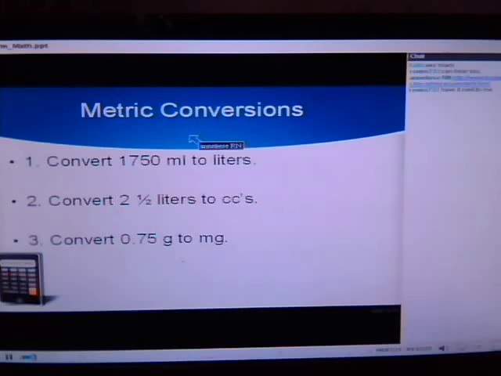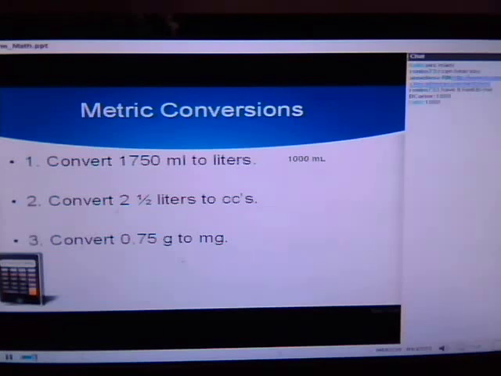What we're going to do here is see how good we are at doing our metric conversions. There are only 10 questions. I know this part is easy. You all may have forgotten how to do it. For the first one, I want you to convert 1,750 milliliters to liters.